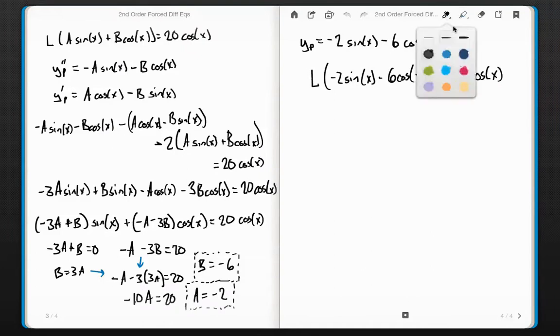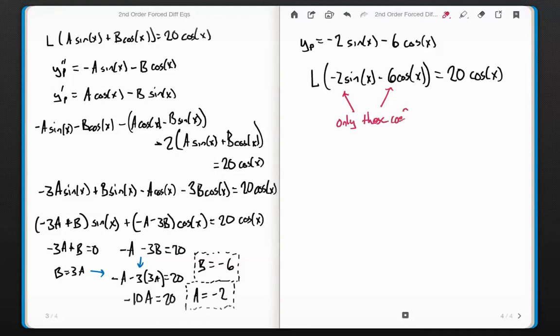But we have a little issue. We'll put the issue in red. That little guy there. So only these coefficients lead to this function.